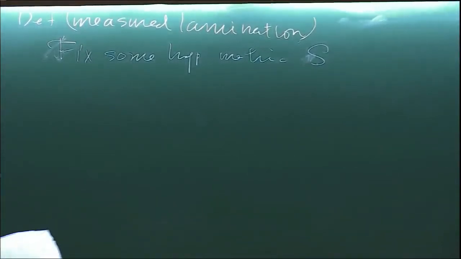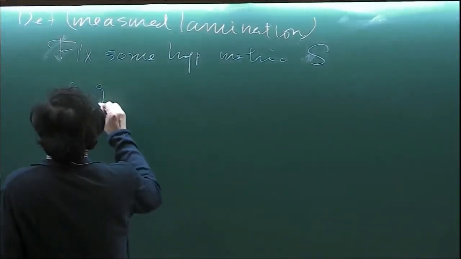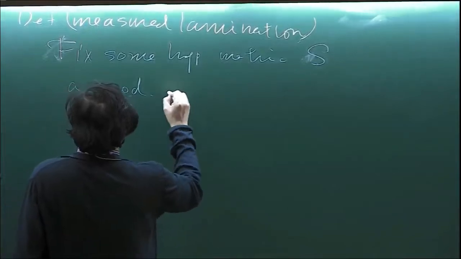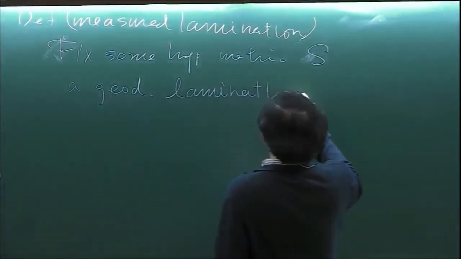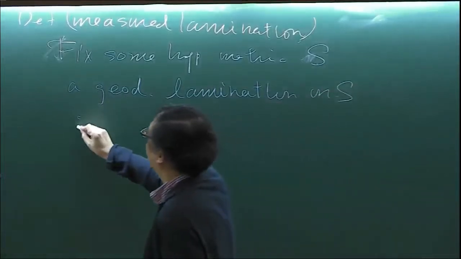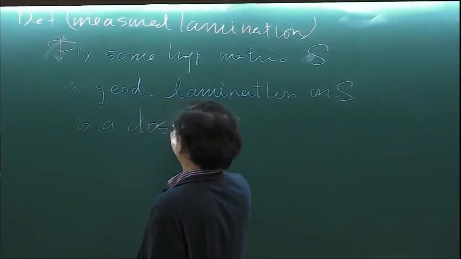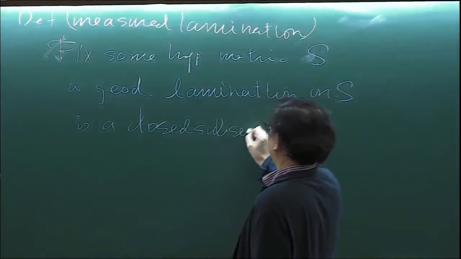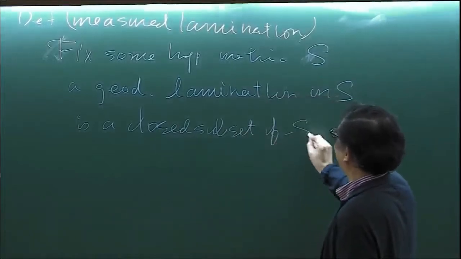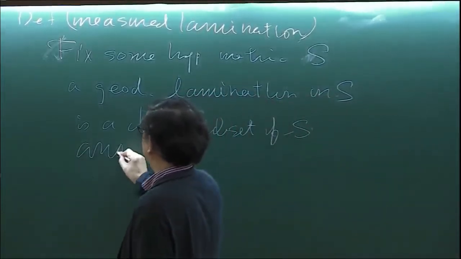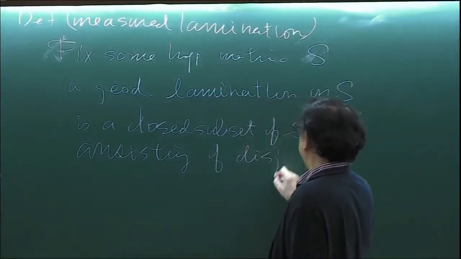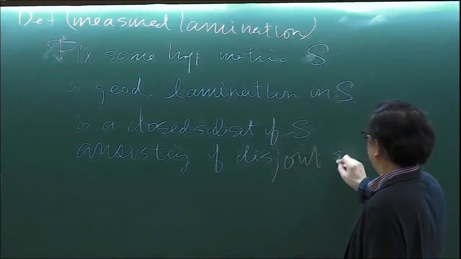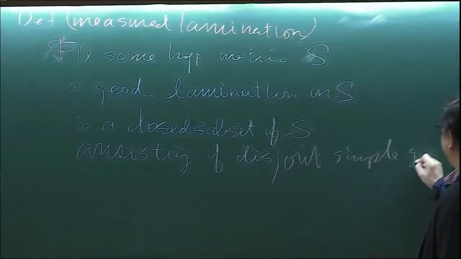And then a geodesic lamination on S is a closed subset of S consisting of disjoint simple geodesics.